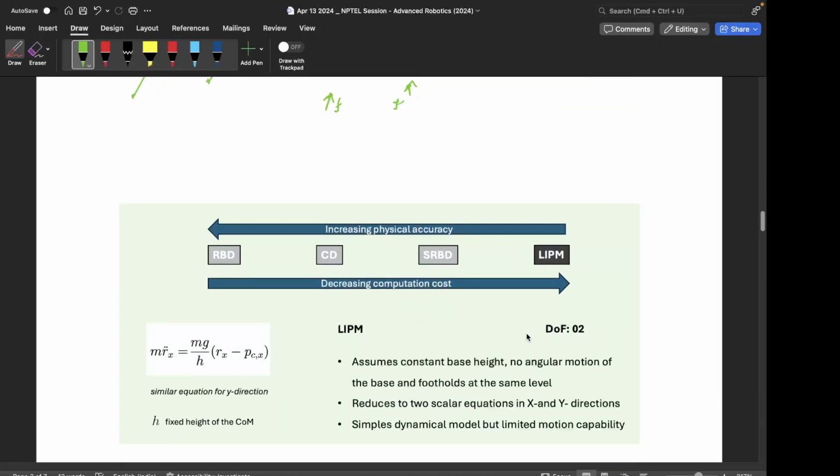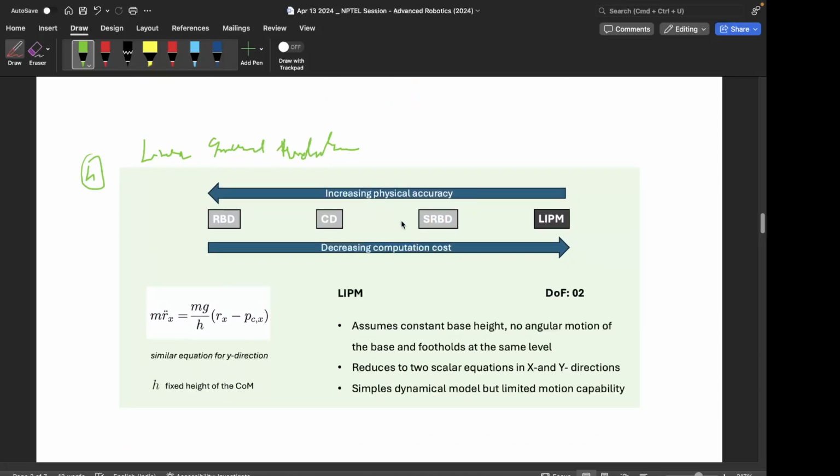And finally, the fourth one, which is called the linear inverted pendulum. This is the simplest dynamical model of any legged robot, and we have a few further assumptions in addition to what we have for SRBD.